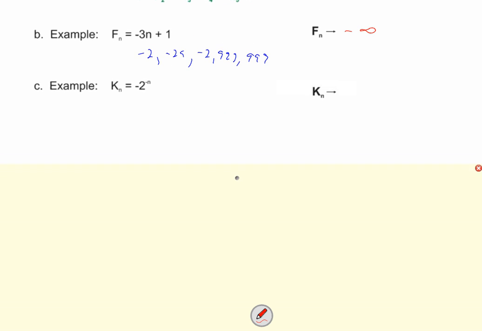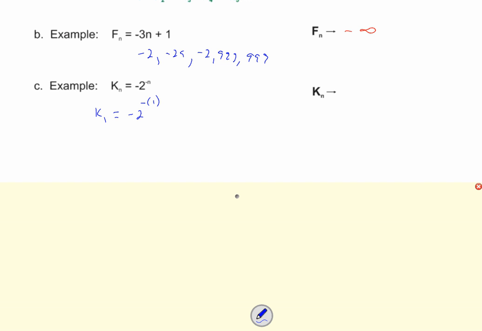All right, let's look at C. I got a couple minutes left. Let's do n of 1. -2 to the negative n. So to the -1. -2 to the -1.